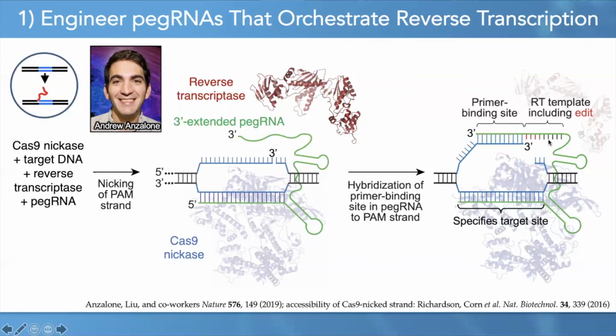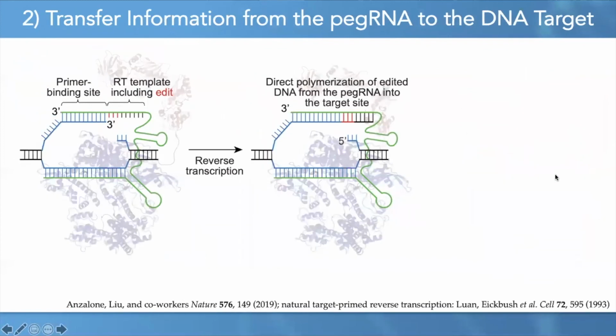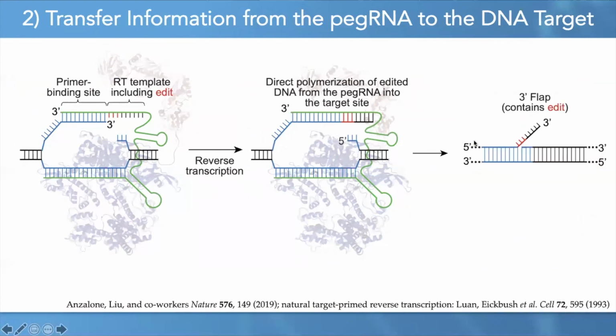This strategy would require the pegRNA extension to feature 2 elements: a primer binding site complementary to the 3' end of the DNA nick, and a reverse transcription template including the desired edit. Successful priming and reverse transcription from the 3' extension of the pegRNA would lead to the extension of the 3' nicked DNA, resulting in a 3' flap containing the edited DNA.